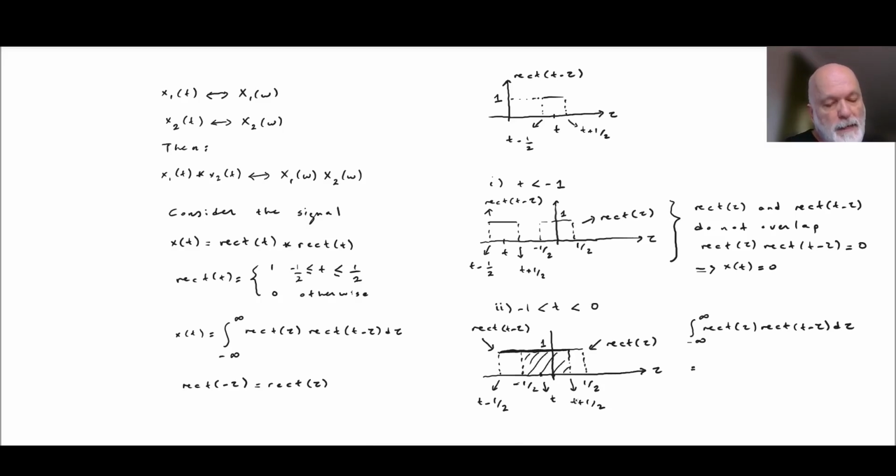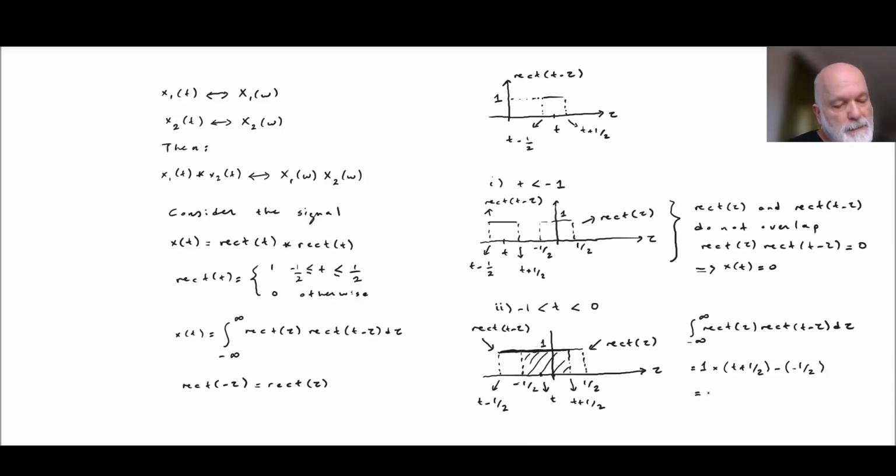The magnitude is equal to 1, so the area is 1 multiplied by t plus 1/2 minus minus 1/2.